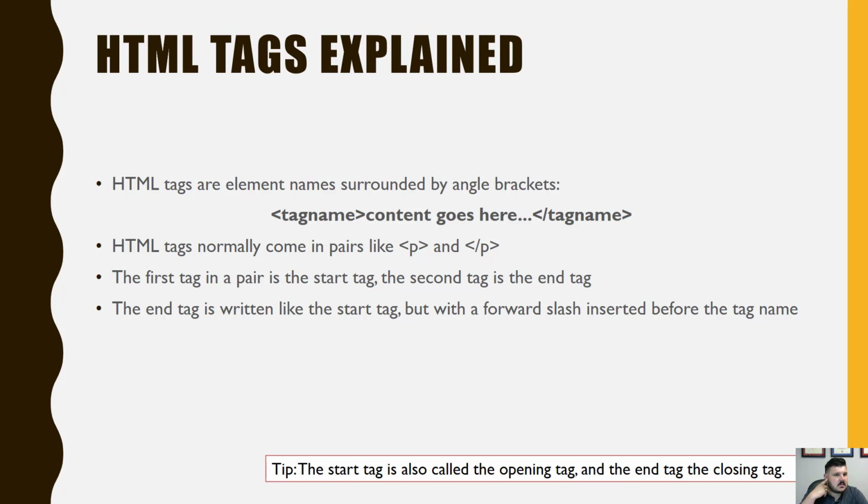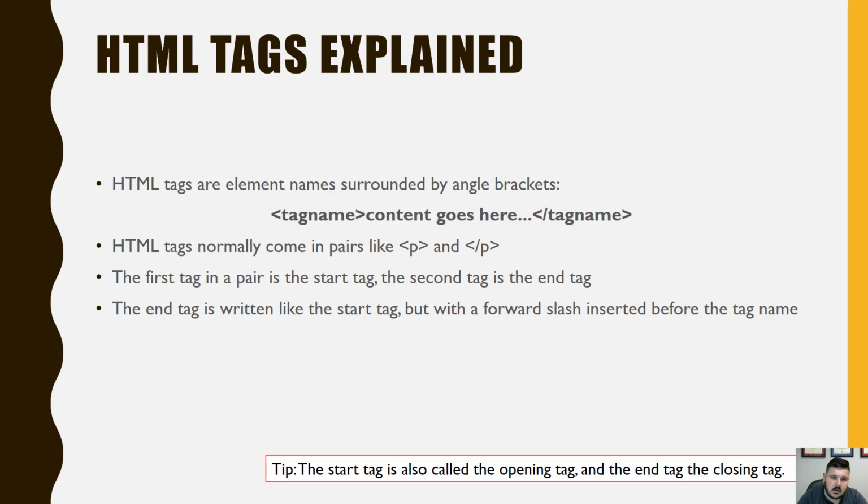Next thing is HTML tags explained. So this is kind of the basic workup. Within these brackets we have the tag name, and then in between the opening and closing tags we have whatever the content is.